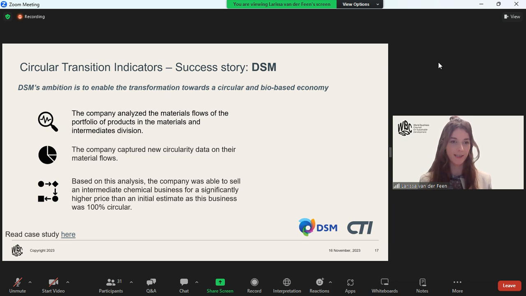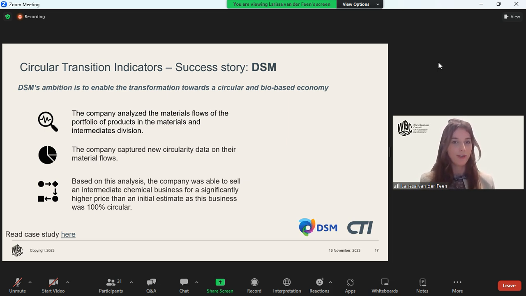And they collected data on these inflows and outflows. And a lot of companies also don't really know how much of the stuff that they buy is actually circular. So they need to ask suppliers for new data. So this is quite a process that usually takes some time. But DSM was successful in creating a circularity picture of this department.